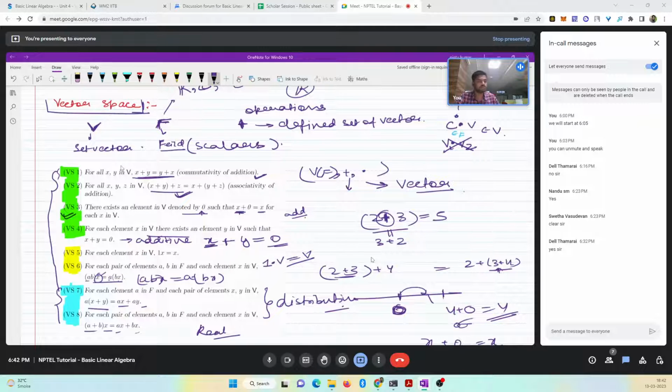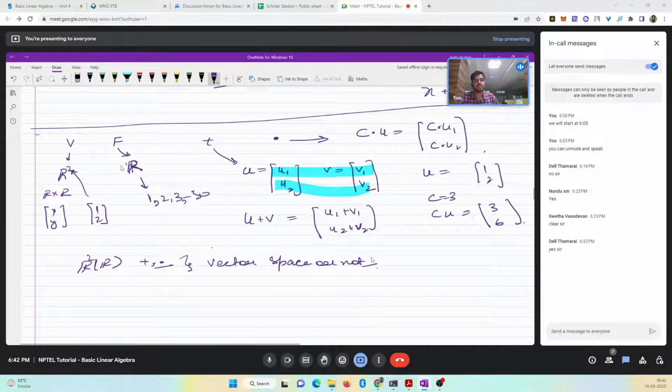Let's start with the first property, whether this is commutative or not. If you have to check the first property, u plus v is equal to u1 plus v1, and so on. Now, if you look at just this element, this is just a simple real number, and real numbers are always commutative.